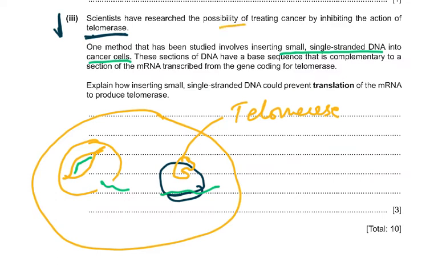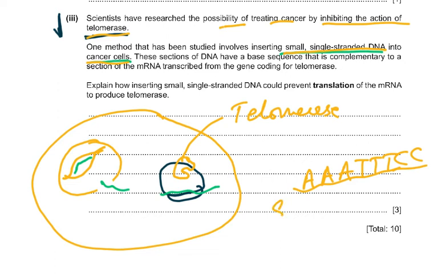Scientists have researched the possibility of treating cancer by inhibiting the action of telomerase. One method involves inserting small single-stranded DNA into cancer cells. Okay, so single-stranded DNA. So what do I have here? I have AAATTT or anything, AATTTCCC or something like that, or AACCC or AAGGG.